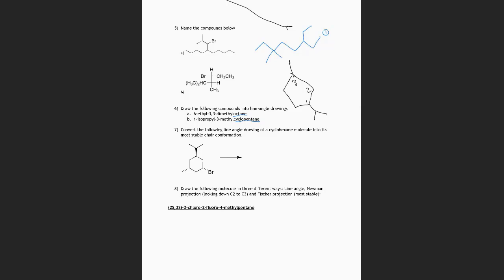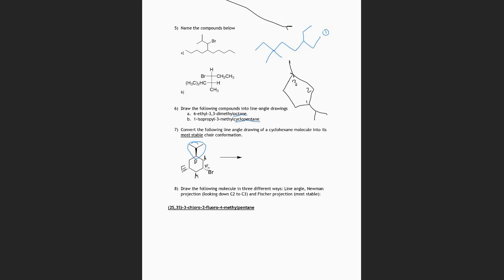So now we're going to do some cyclohexane practice. The question asks us to convert the following line angle drawing of a cyclohexane molecule into its most stable chair conformation. What that means is that we want our biggest group, in this case this isopropyl group, in the equatorial position. So I'm going to say this is equatorial, axial, equatorial, axial, equatorial.